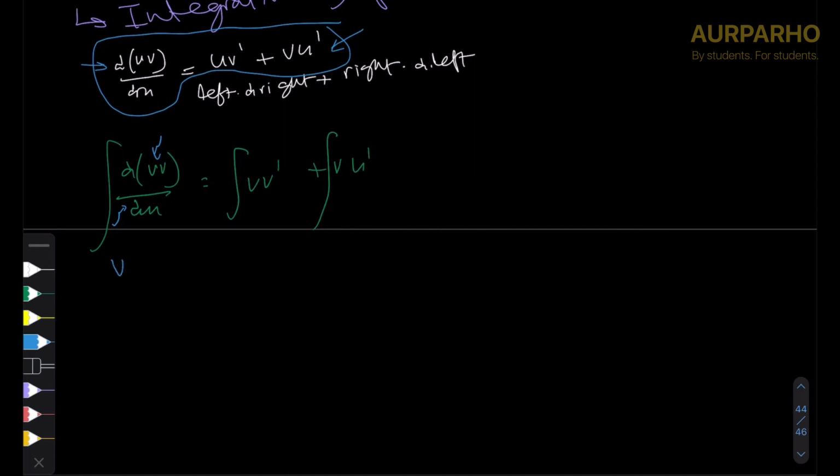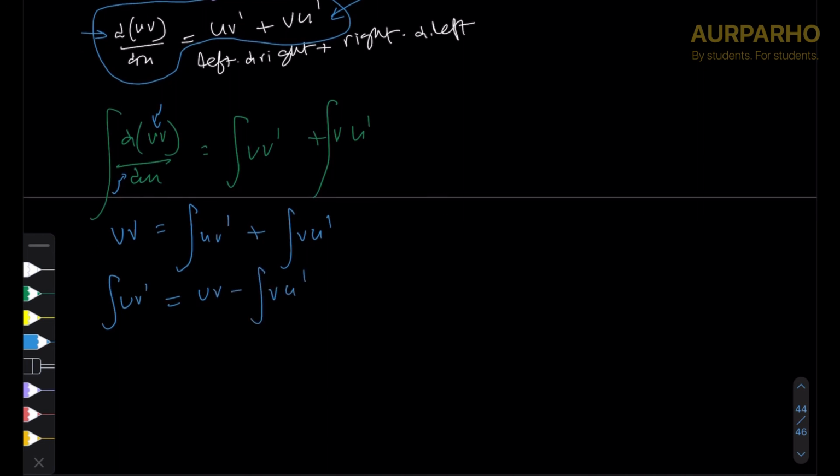So this would be uv. This is equal to the integral of uv prime plus the integral of vu prime. And then let's make the integral of uv prime the subject. My u's and v's are very similar. This would turn out to be uv minus the integral of vu prime, right? And this is what integration by parts is.